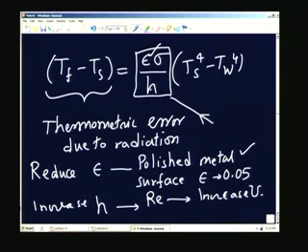That means that either by decreasing epsilon or increasing h, we are going to have the effect of reducing the thermometric error by radiation. So, I think I just have enough time to take an example and look at that.